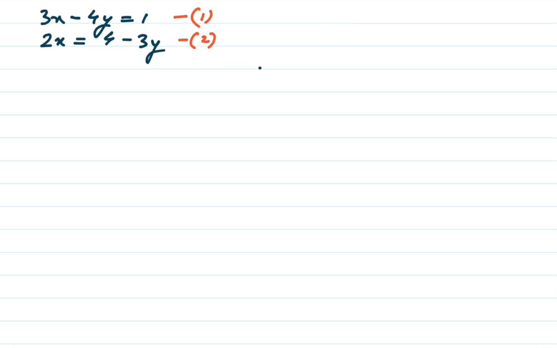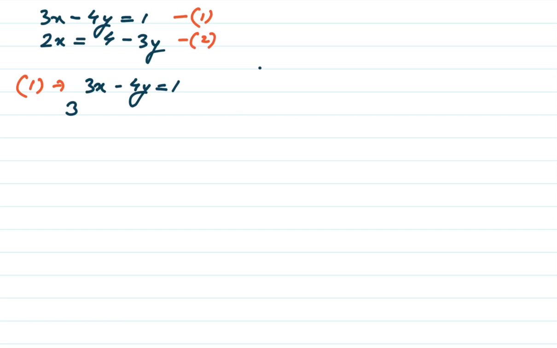Now let me begin this time with the first equation, which is, say, 3x minus 4y equal 1.